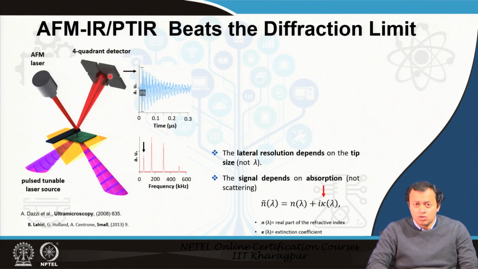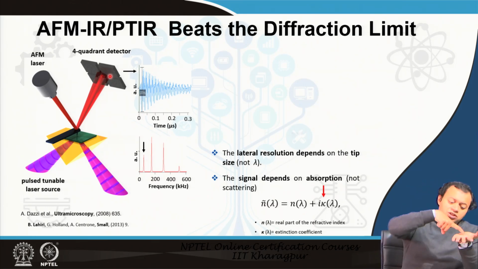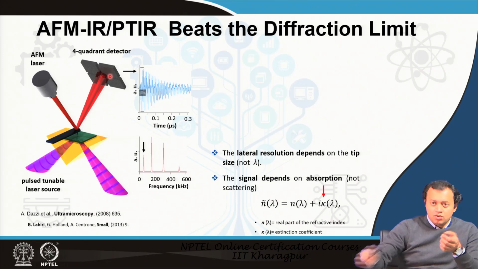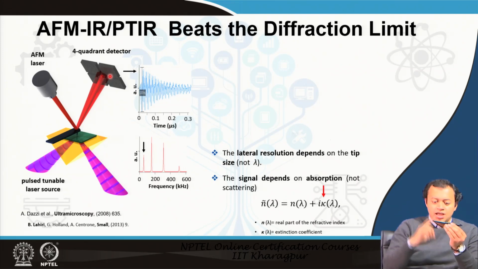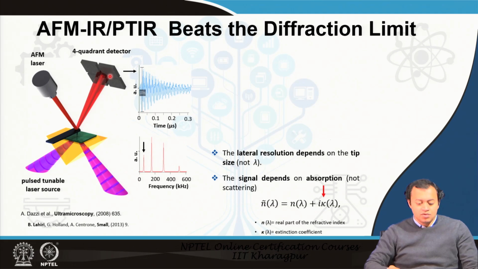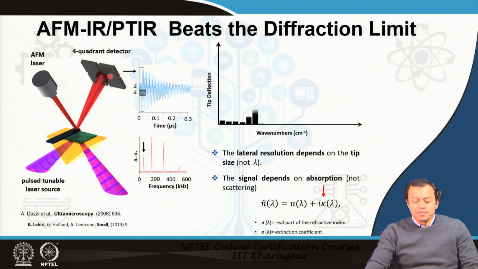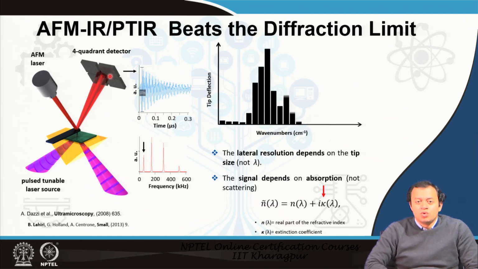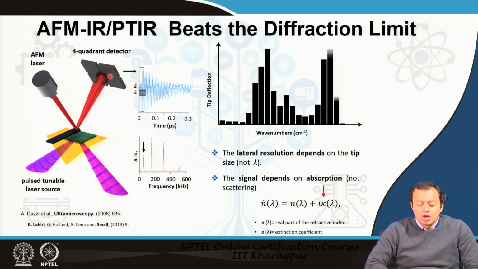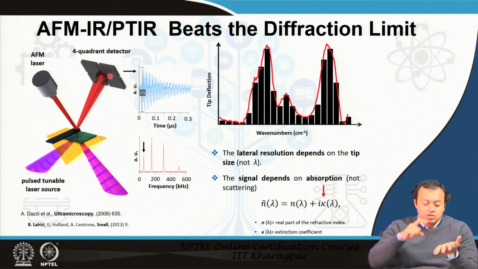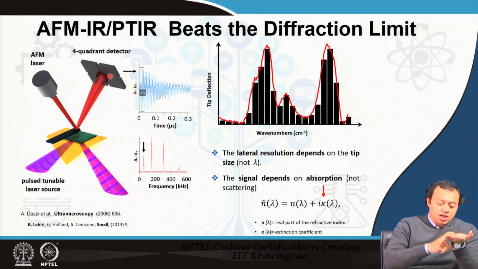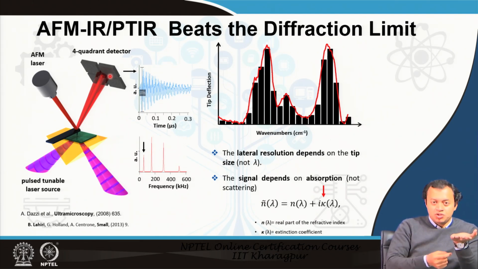At the same time, you can fix your cantilever here, change the wavelength of the light, and you see the tip deflection with respect to change of wave number. You keep your tip fixed, you tune the wavelength, and some of the light will be absorbed.